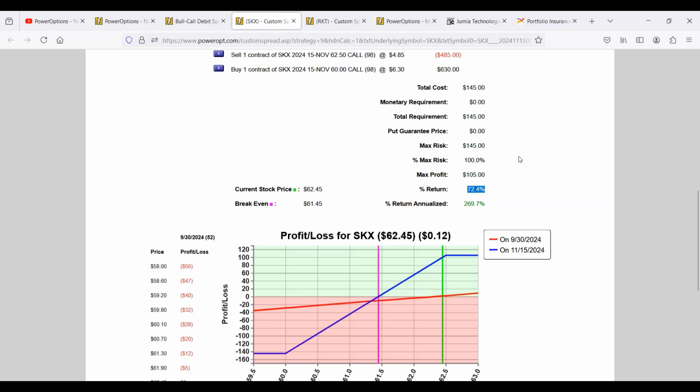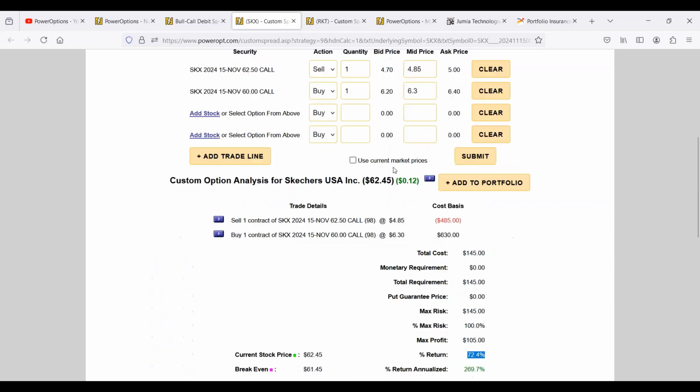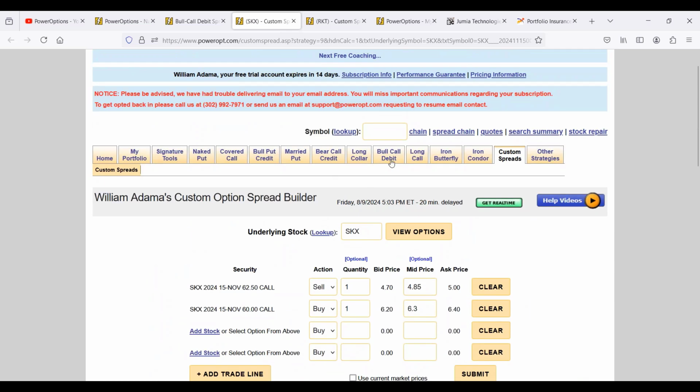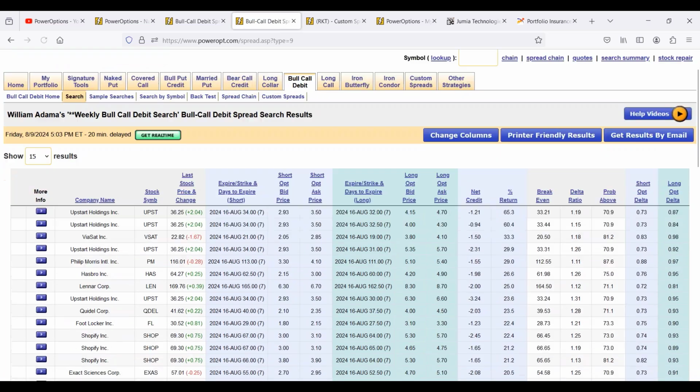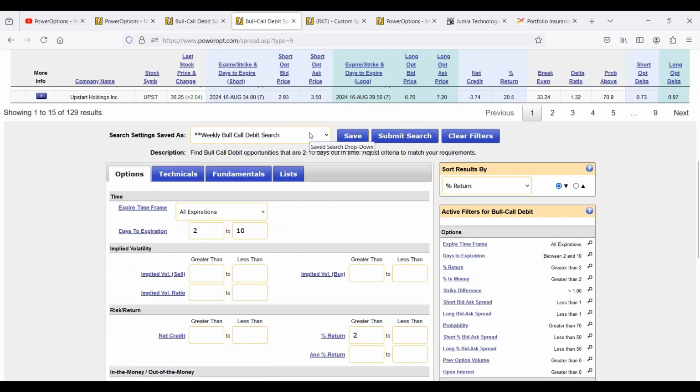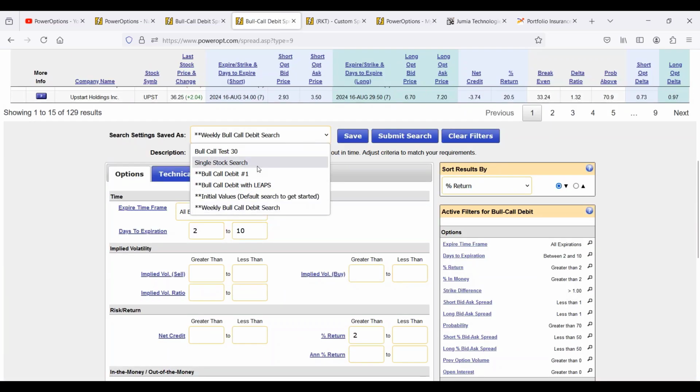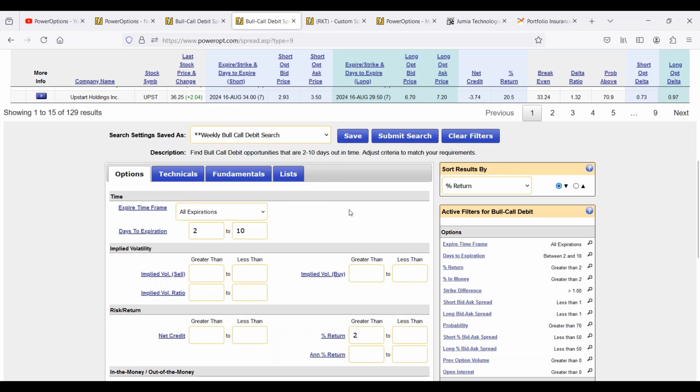Let's take a quick example. We're at 6:05 p.m. Eastern time. Let's review real quick. Bull call debit, bear put debit spreads. We have defaults for you to use as a stepping stone based on our criteria: weekly, monthly, safer, initial values, deeper in the money, using leaps far out in time.